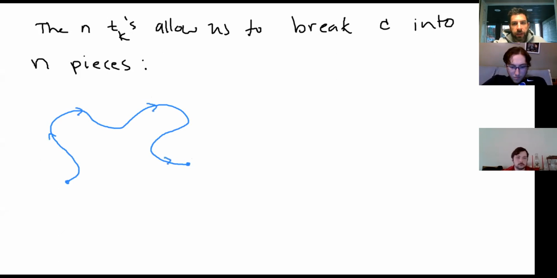Let's be very clear. Let's give these pieces a name. For lack of a better name, we'll call these pieces C1, C2, all the way out to C sub n. So here's C sub 1, and then here's C sub 2. Out here, this is your C sub k, and then this last piece would be C sub n.